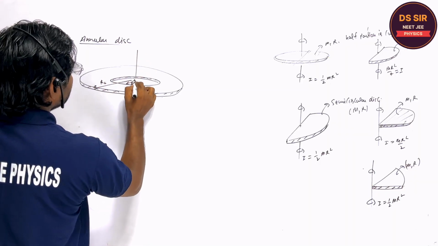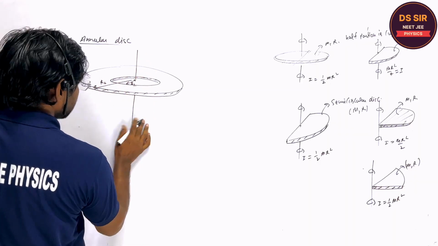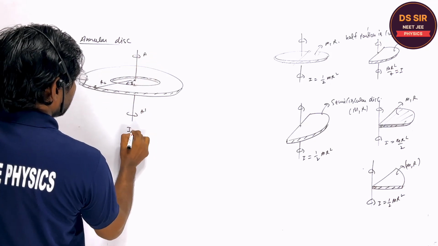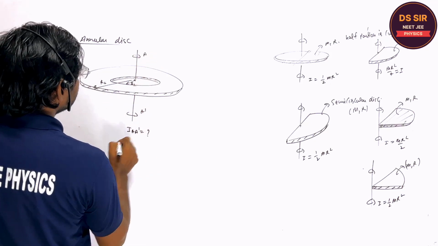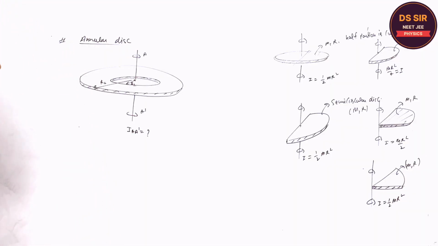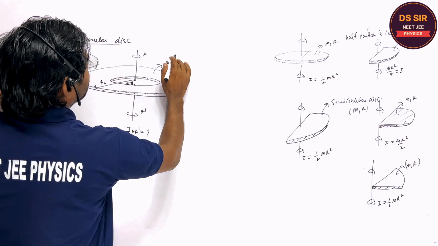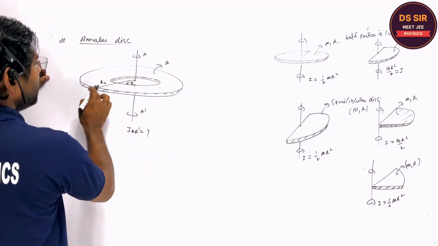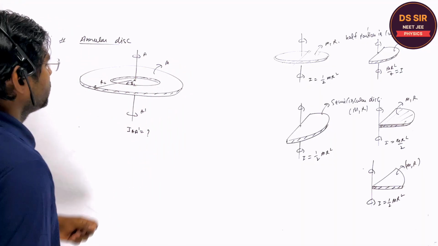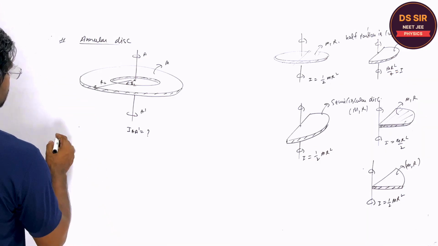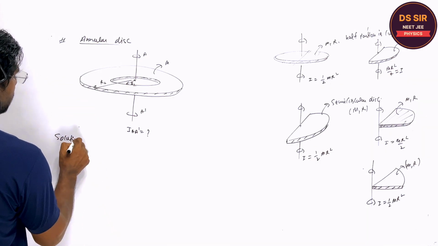Can you find the moment of inertia about this axis AA dash? The total mass is m, the inner radius is r1 and the outer radius is r2. You have to find the moment of inertia. How to solve this?